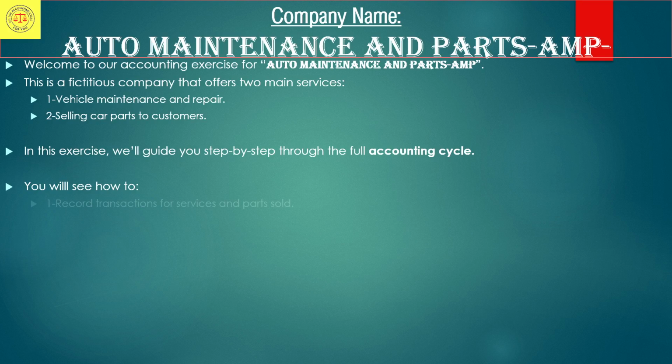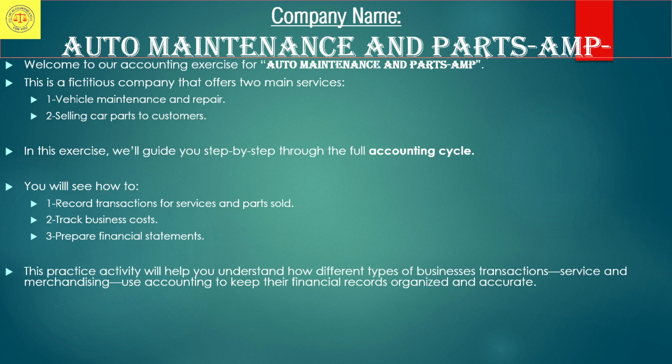You will see how to record transactions for service and parts sold, track business costs, and prepare financial statements, and this practice activity will help you understand how different types of business transactions use accounting to keep the financial records organized and accurate.